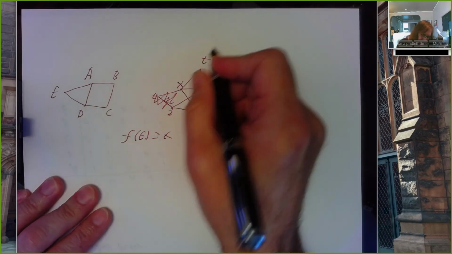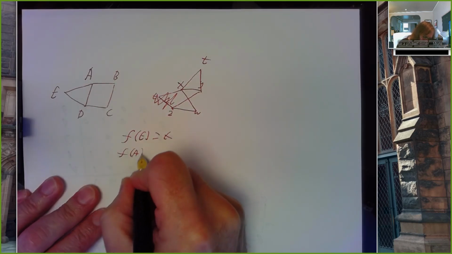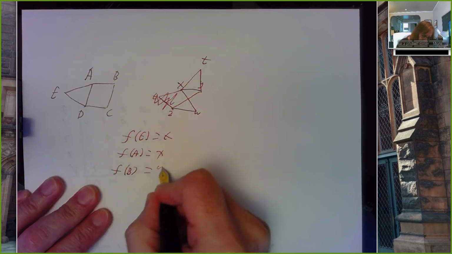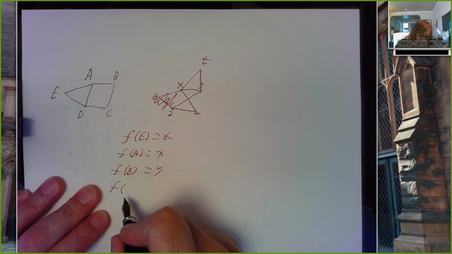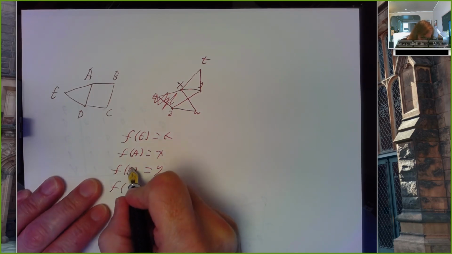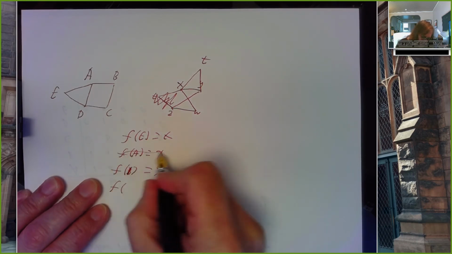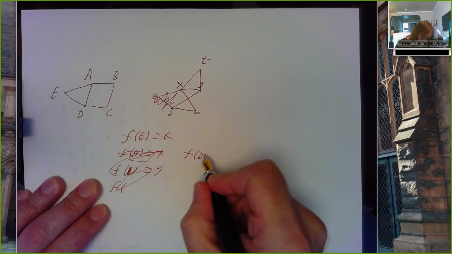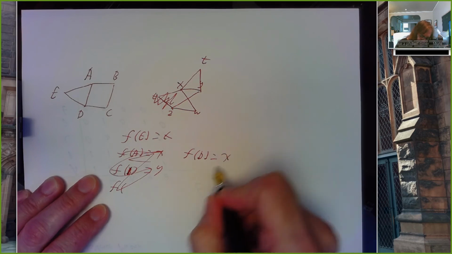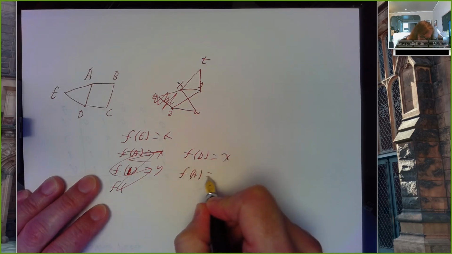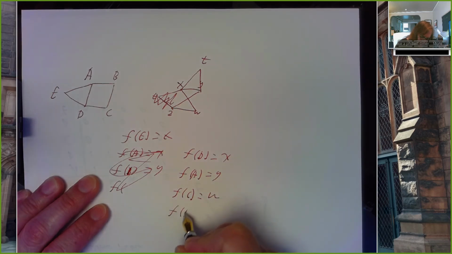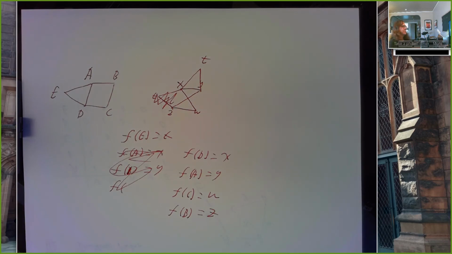If I take E to T, if I take A to X, if I take B to Y, I'm doing this in my head. I think that will give you an isomorphism.